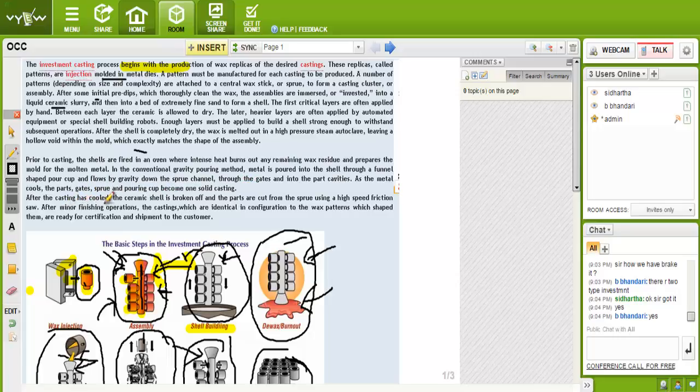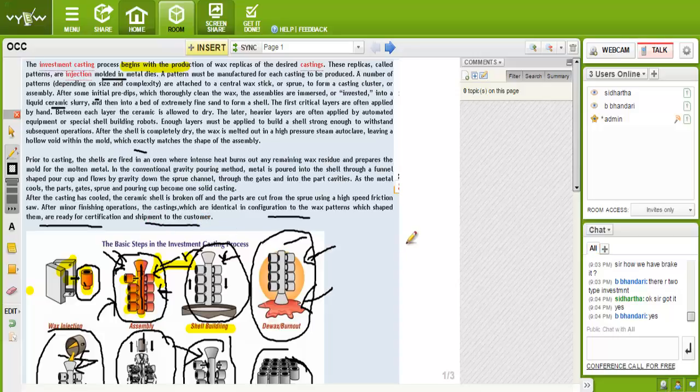After the casting has cooled, the ceramic shell is broken off and the parts are cut from the sprue using a high speed friction saw. Okay, after minor finishing operations, the castings, which are identical in configuration to the wax pattern which shaped them, are ready for certification and shipment to the customer.